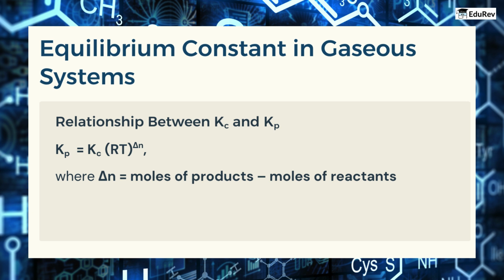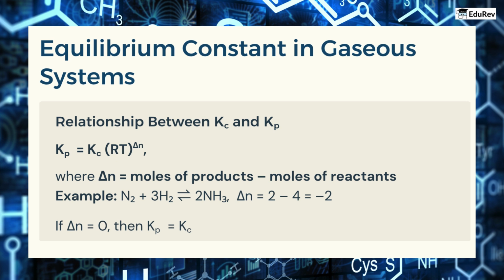For example, nitrogen gas plus 3 hydrogen gas in equilibrium with 2 ammonia gas. Here, delta n is 2 minus 4, which equals negative 2. If delta n is 0, then Kp equals Kc.